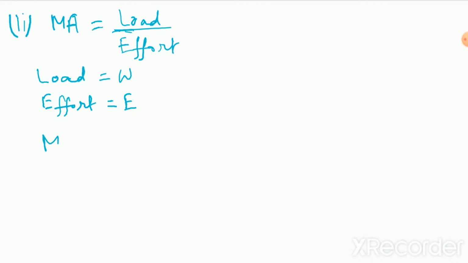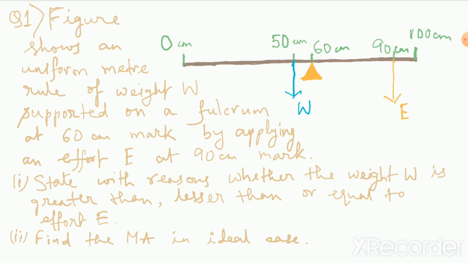Clearly, mechanical advantage will be equal to W by E. Now, weight is 3 times the effort, so 3 times the effort by E. Now this cancels out and this becomes 3. So obviously the mechanical advantage asked in the question is 3. So this machine has a mechanical advantage of 3 in the ideal case. Okay, so I think the solution is clear to all of you.